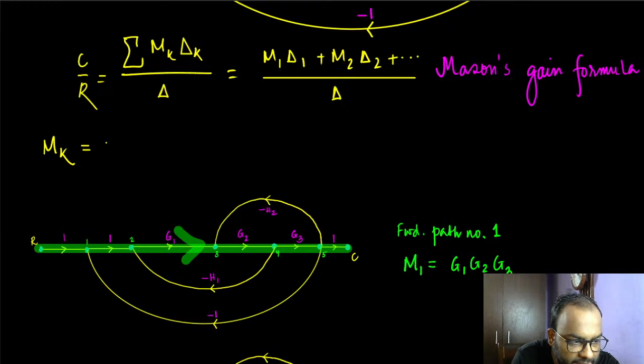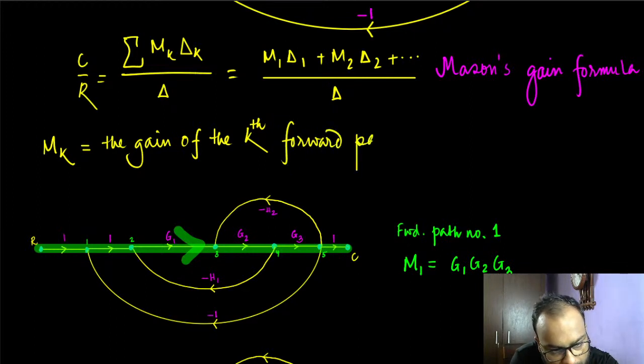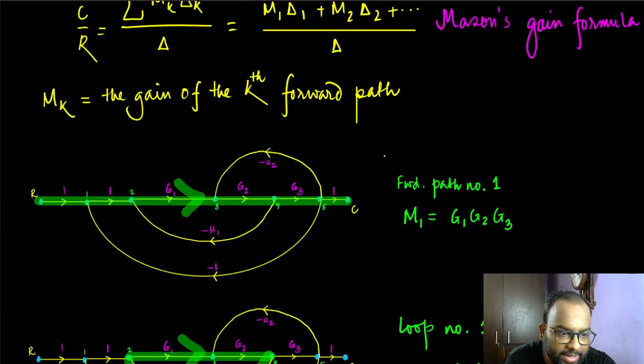So it is the gain of the kth forward path. Okay, so this is the gain of the kth forward path.